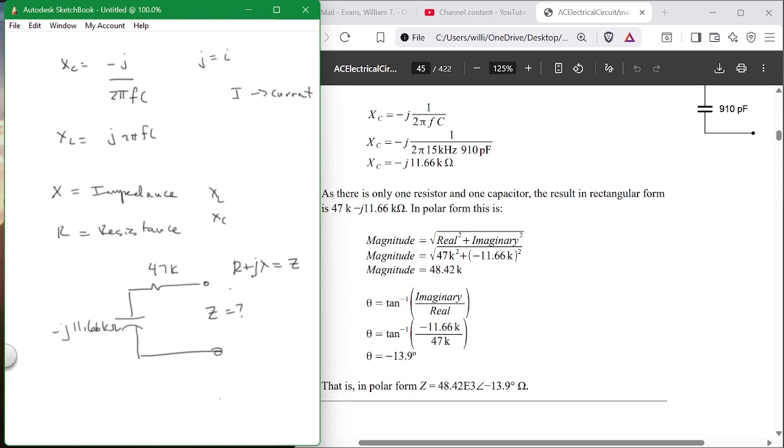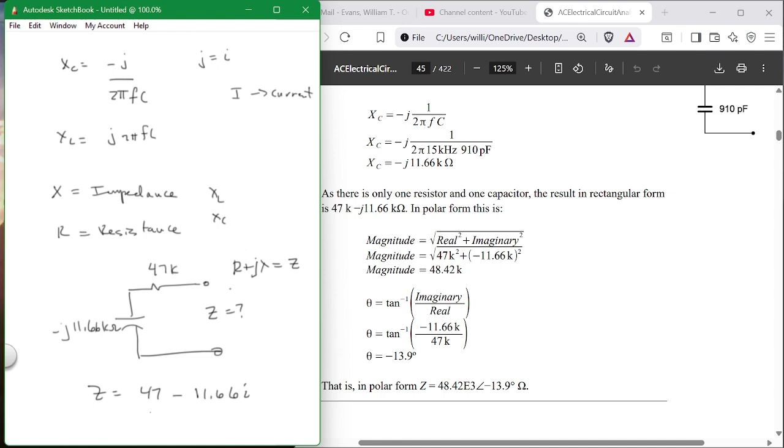So you now say Z is equal to 47, and you can drop off the K, minus 11.66I, equals. All right, I get a number. Then I do option down, 1, equals, okay?